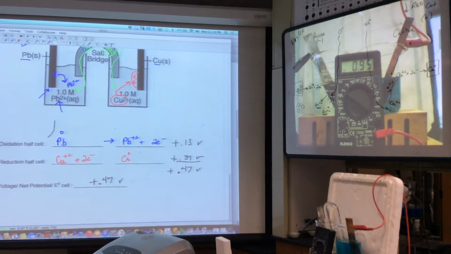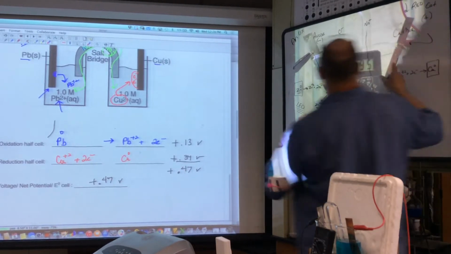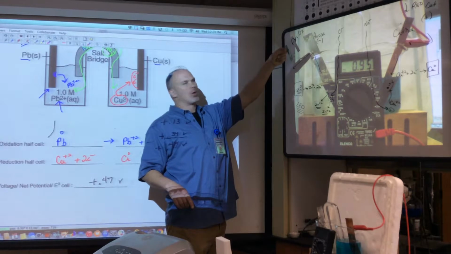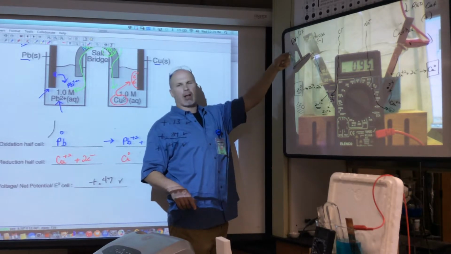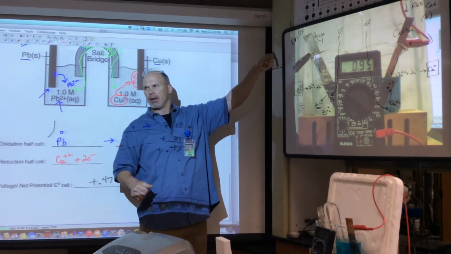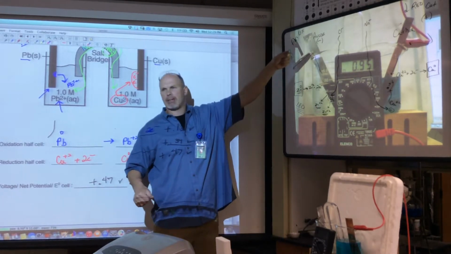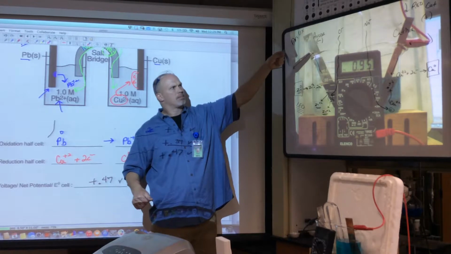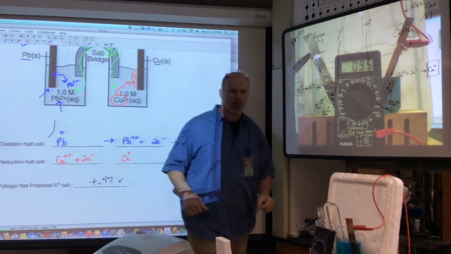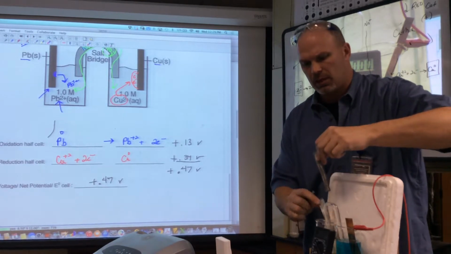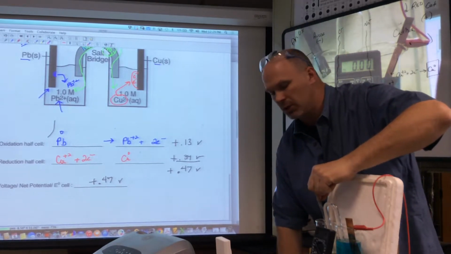Why is the battery with lead lower in voltage than the battery with tin? All I'm doing is same copper, but now I have lead. Why was the voltage higher with tin and lower with lead? Copper's the same thing. I'm just going to switch out the lead. Why is it lower? Yes, it's worse at oxidizing. What creates the voltage, guys?